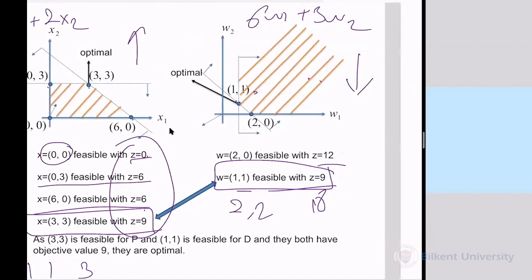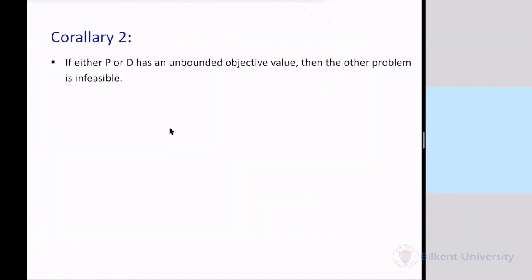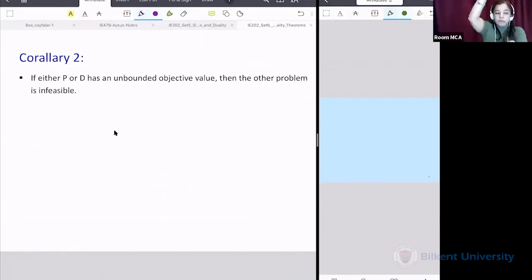Corollary 2. Now, remember, corollary means that everything I say in these corollaries is based on the weak duality theorem. Weak duality theorem was saying, always remember, there's a problem I'm maximizing and a problem I'm minimizing. Take any feasible points.